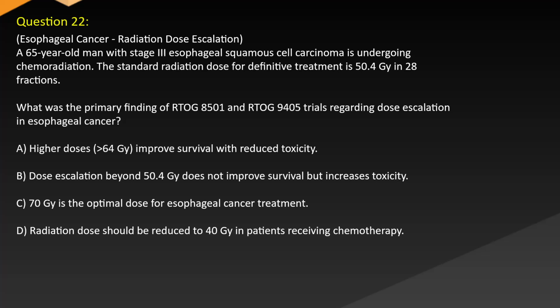A. Higher doses, 64 Gy, improve survival with reduced toxicity. B. Dose escalation beyond 50.4 Gy does not improve survival but increases toxicity. C. 70 Gy is the optimal dose for esophageal cancer treatment. D. Radiation dose should be reduced to 40 Gy in patients receiving chemotherapy.